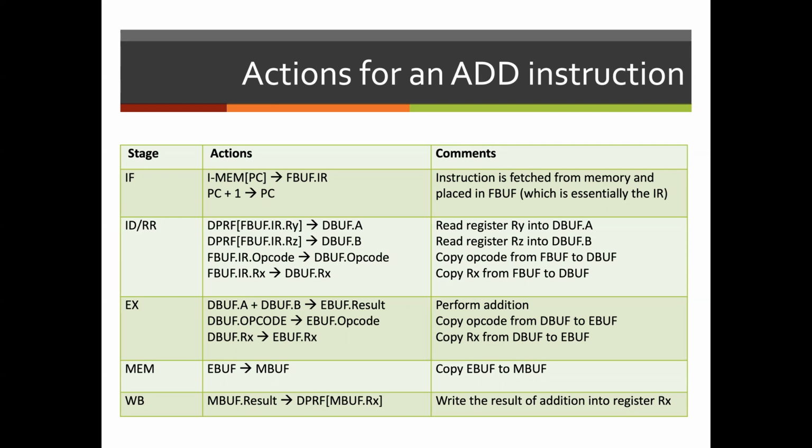For our execute stage, we need to perform the appropriate addition. We will copy the opcode from DEBuff to EBuff. We'll copy RX from DEBuff to EBuff, and we're copying EBuff to MBuff in our memory stage. And then in our write back stage, we're going to write the result of the addition into register X.